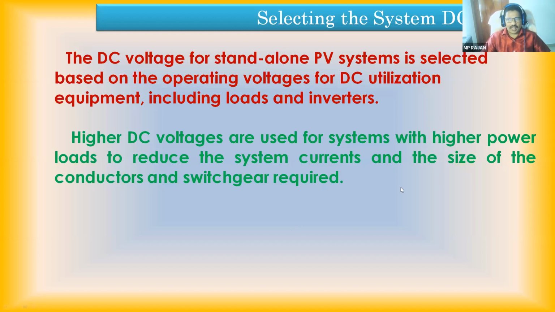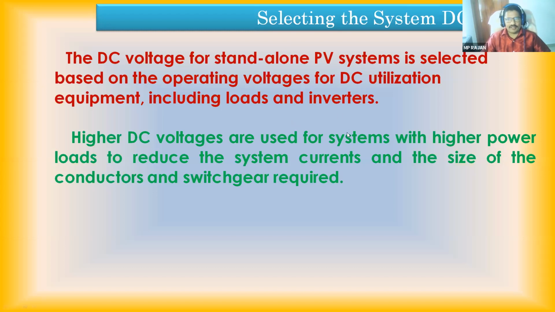If you go for a higher voltage, the advantage is you have to handle only a small current, because power is equal to voltage into current. If you opt for a bigger voltage, the current flow will be less, and accordingly your fuse, circuit breakers, wires, etc. will have only a small range.